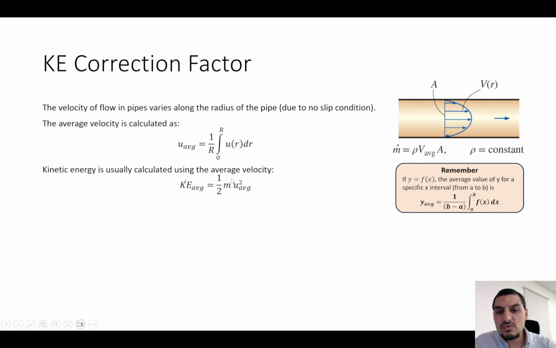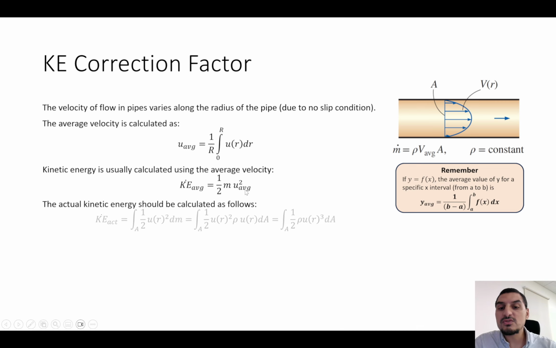But when it comes to u squared, the differences will be big when you compare half m u average squared to the actual value of the kinetic energy, which is the integration of half u squared dm. This should be the actual kinetic energy, how we should calculate it the right way.